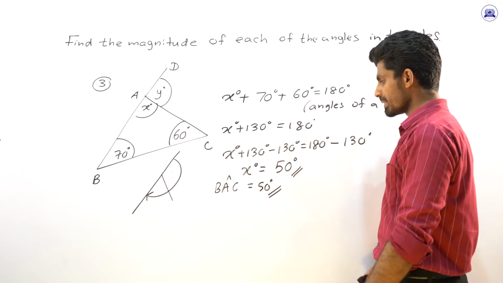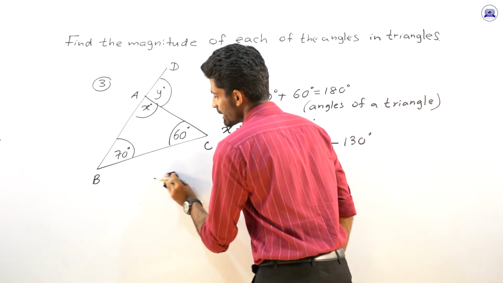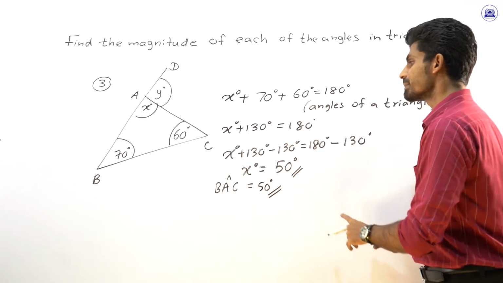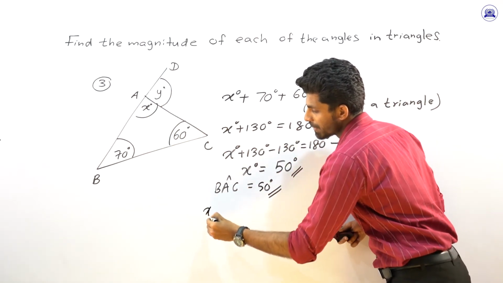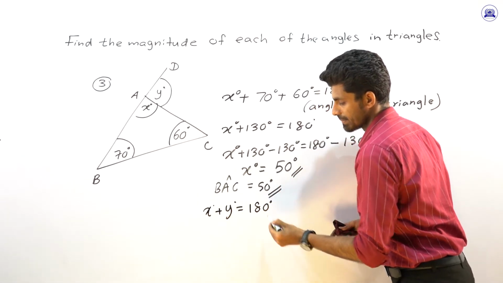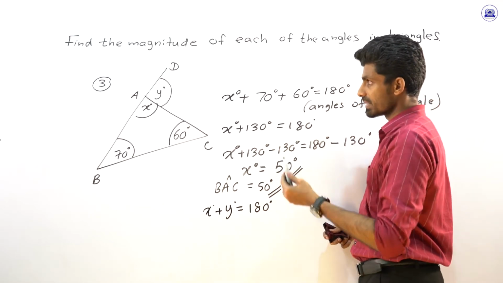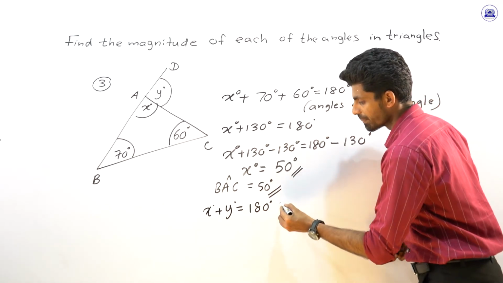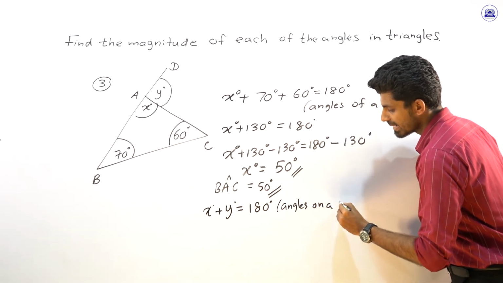I will use that theorem. So I'm going to erase this one. x plus y equals 180. So what is the theorem? Angles on a straight line.